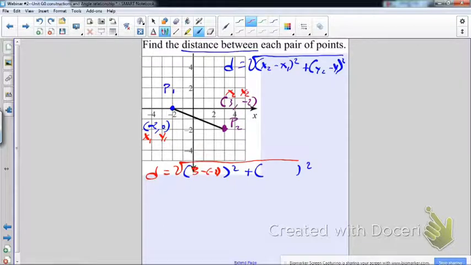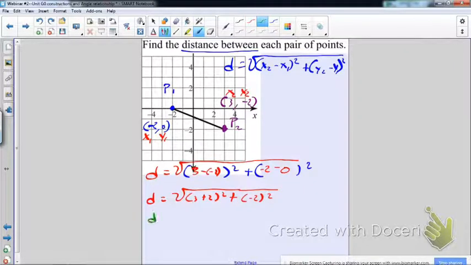Okay, so y2 is negative 2 minus, because that's part of the formula, 0. So now I have d is equal to the square root of a negative times a negative gives you a positive. So now I have (3 plus 2) squared plus (negative 2) squared.